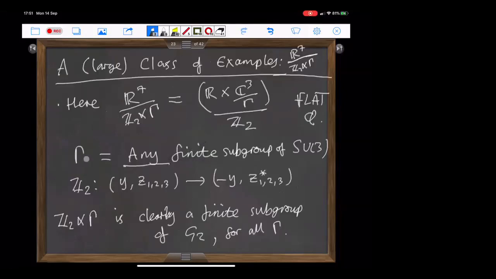So now I'm going to introduce a large class of examples. So in these examples, we're actually going to consider a flat G2 structure. So this sort of goes back to the kinds of things that Dominic was considering in the 90s.